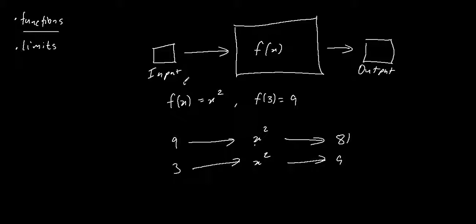Or I can also write this as y equals x squared. So f of x and y are basically interchangeable. They're basically the same thing. What I can tell here is this is my function based on x and not based on y. Like say if I have f of z is equal to z squared, that means f of 3 is equal to, again, 9.